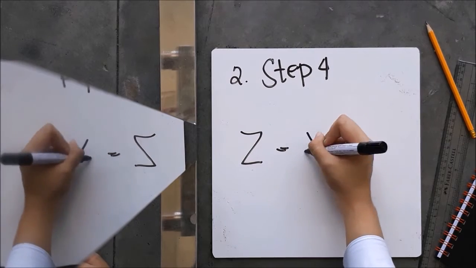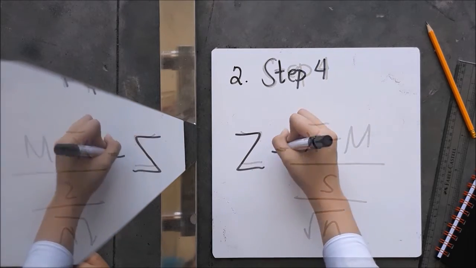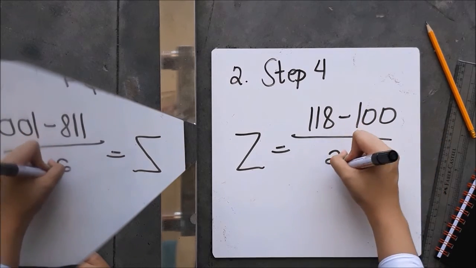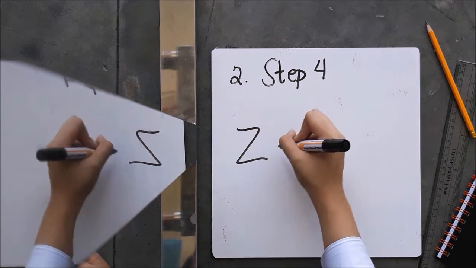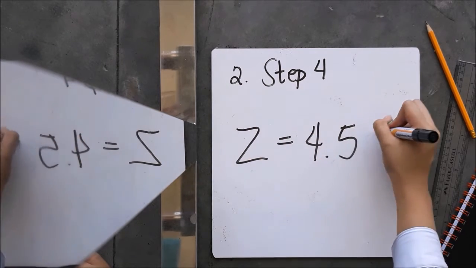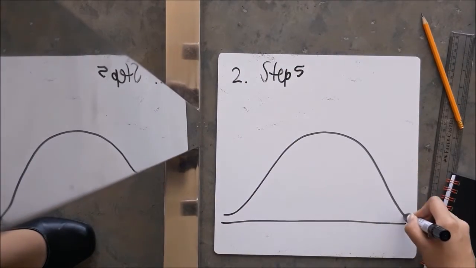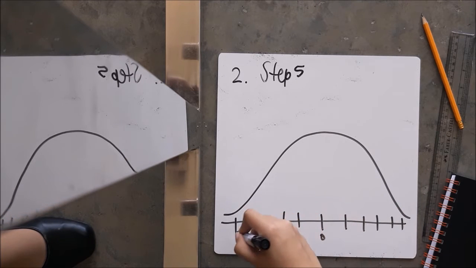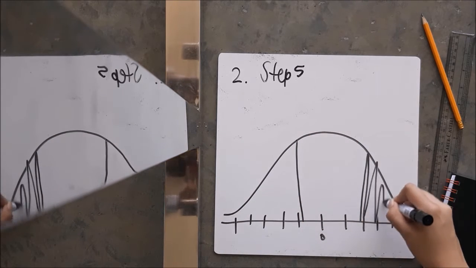Step 4 is the calculation. t is equal to x bar minus mean over S over square root of n. t is equal to 118 minus 100 over 20 over square root of 26. And the t is 4.59. Step 5 is to plot the graph. Since it is a two-tailed test, we will plot each end of the graph and shade it.